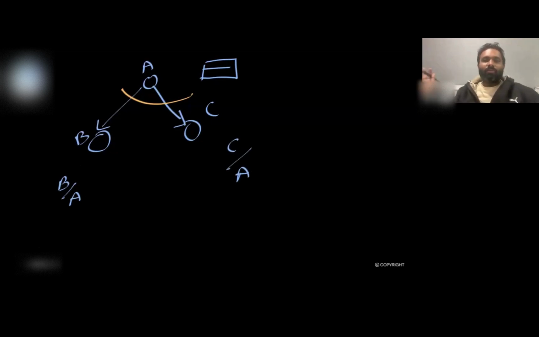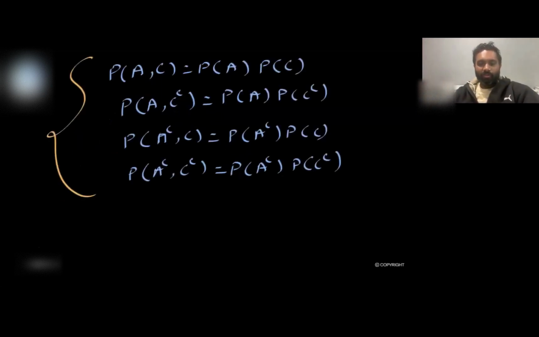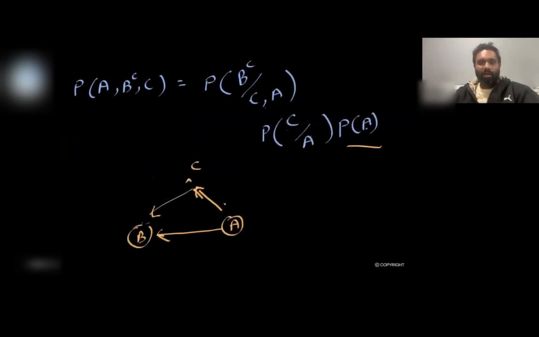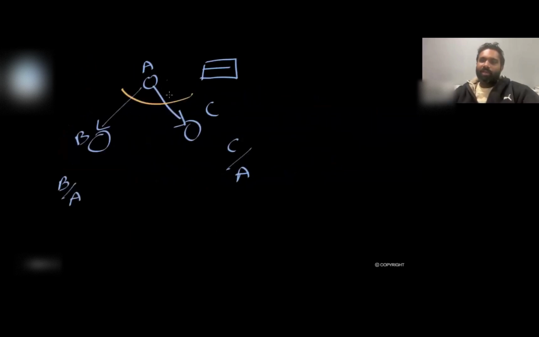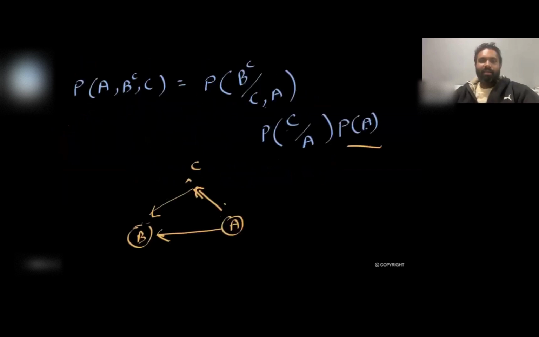So if B and C are not conditionally independent given A, then I can't model that probability distribution with this Bayes net. Because in my decomposition, a certain term will come. Remember how I can represent a joint probability distribution: B complement given C and A, and C given A. There is A, a root node, and if I condition on it, B and C are independent.